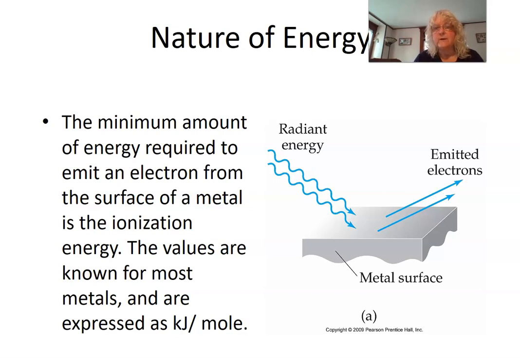And these are values that are relatively well known. So what we're going to do is look at what Planck and Einstein did, essentially. They used this idea of different amounts of energy required to kick off an electron in order to calculate the minimum frequency of light that was needed to accomplish that.